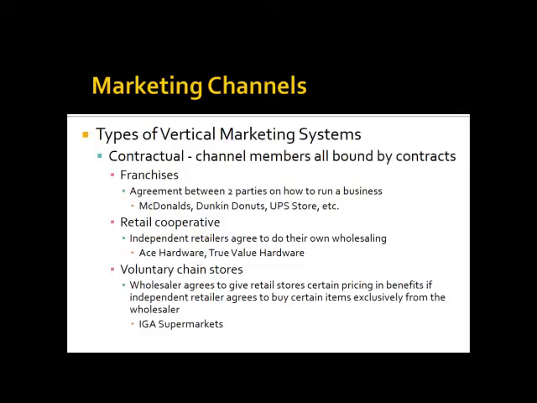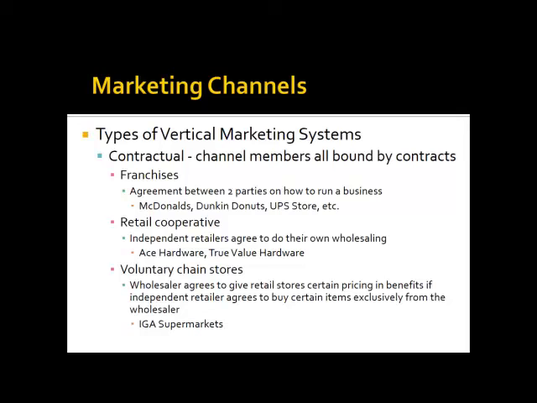Voluntary chain stores are really similar. The main difference is that independent retailers are recruited by a wholesaler, and they sign contracts with a particular wholesaler who then will buy in bulk and deliver better pricing to the independent stores.